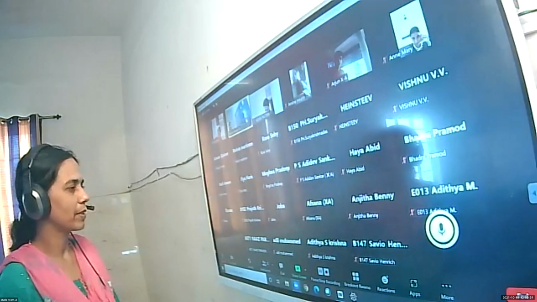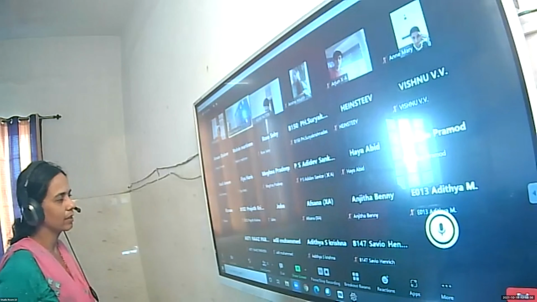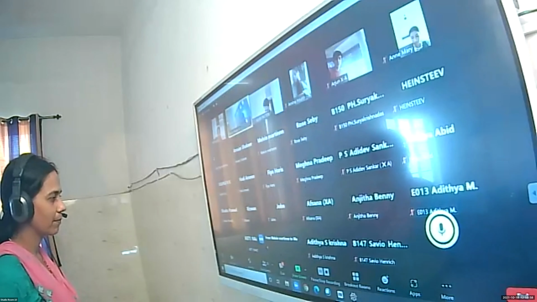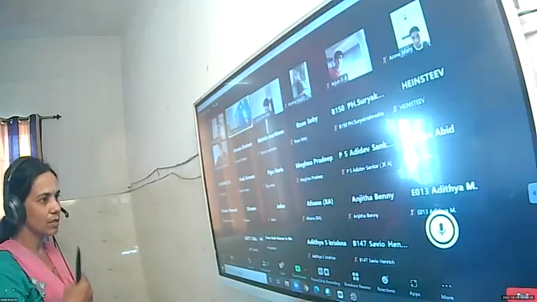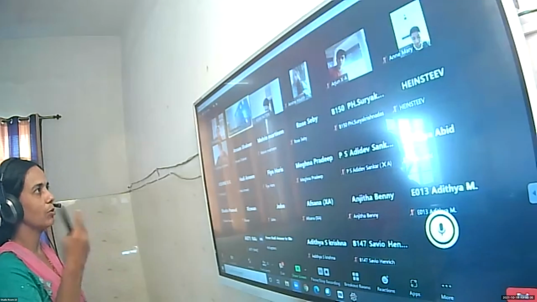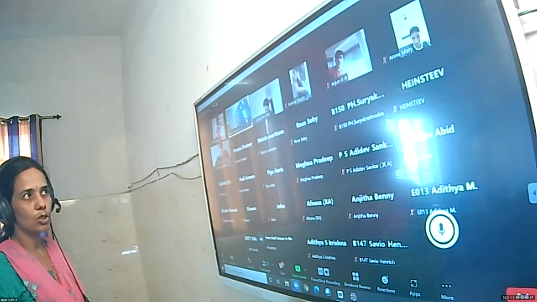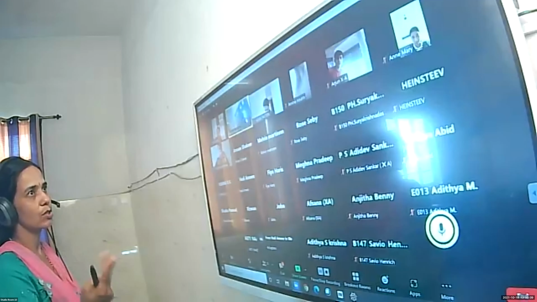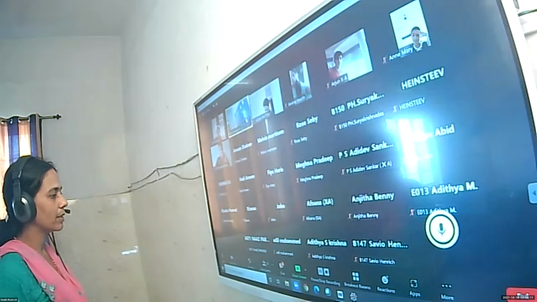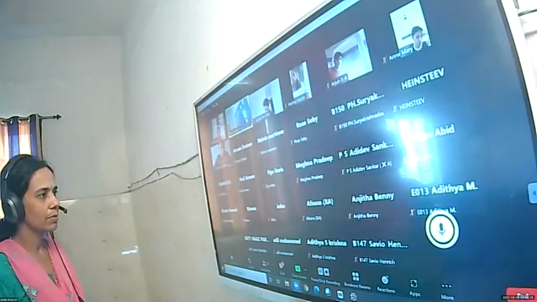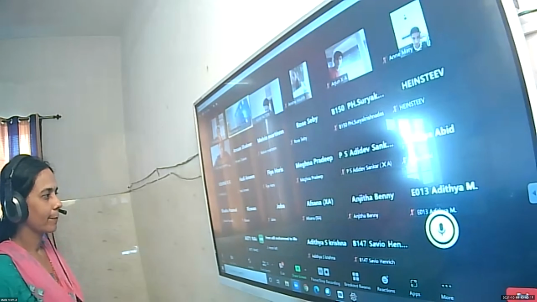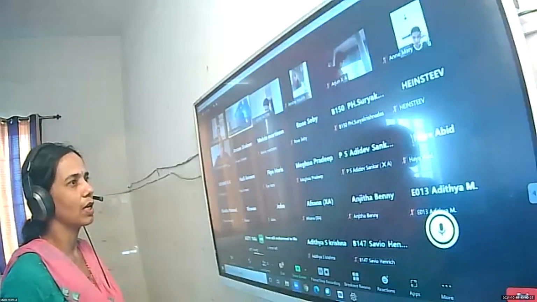Afsana, how many topics you have completed? Thorough with how many chapters? Afsana, Melvin, 4. Okay. If you do it along with this class-wise revision, you will be completing about 5 or 6. Only 2 more chapters left out for us: areas related to circles and probability. Adil, 2 more left now. At least 4 means it is okay.